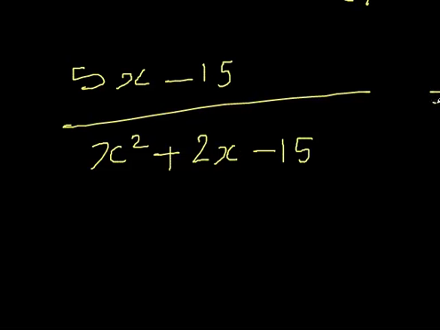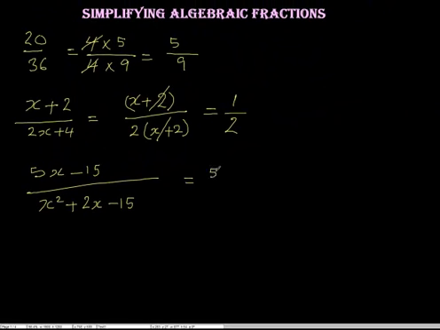Now I can definitely factorize that. 5 is the common factor, so if I take 5 out, I'm left with x minus 3 because I'm dividing both of them by 5. So now the denominator is a quadratic expression. A quadratic expression normally gives two factors, so it's going to be a double bracket.